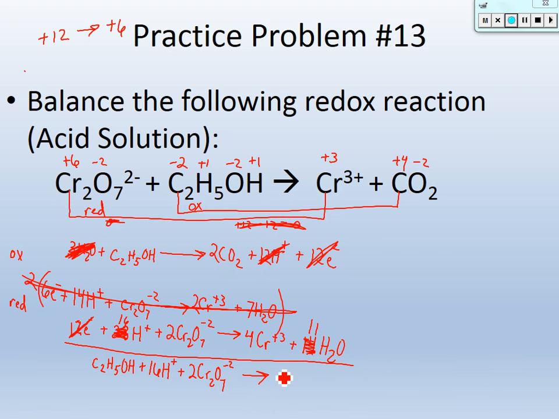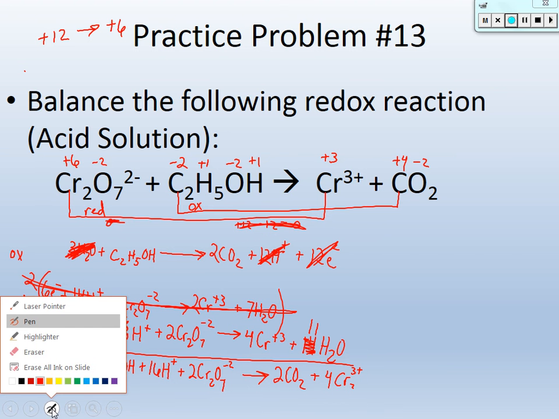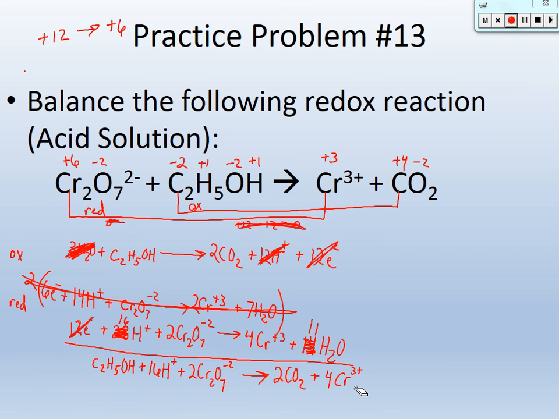Arrow, now on the right we have 2 carbon dioxides and 4 Cr3 pluses. And then how many waters? 11 waters?